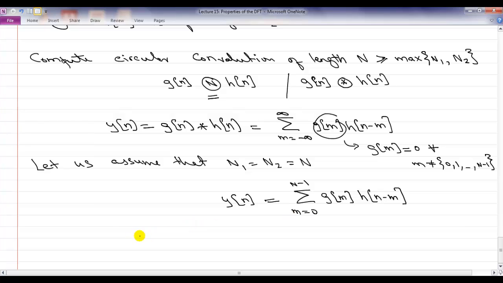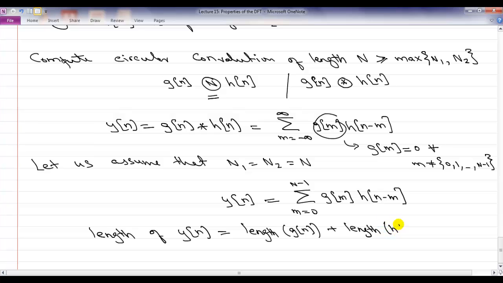In fact, you can write the formula that length of yn, the linear convolution, is equal to length of gn plus length of hn minus 1. In this case, where I'm making n1 equal to n2 equal to n, that is equal to 2n minus 1. So my yn exists for n equal to 0, 1 up to 2n minus 2.